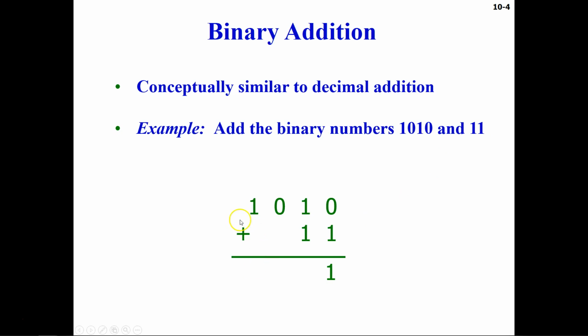Okay, so let's add them up. 0 plus 1 is 1, 1 plus 1 is 2 in decimal, and in binary it is 10. So 0 is going to come here and 1 will go here as a carry, and then 1 will come here, and then this 1 will come here. So now you have 1101. And if you convert this binary number into decimal, it comes out to be 13.